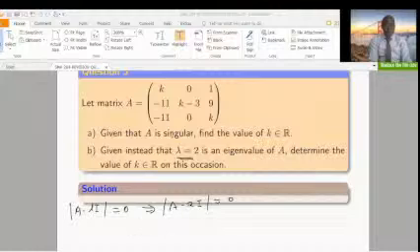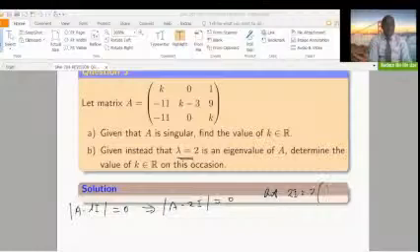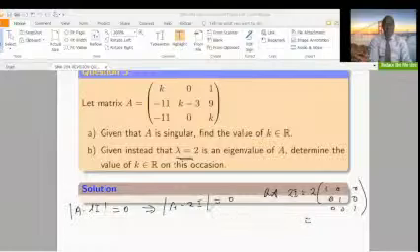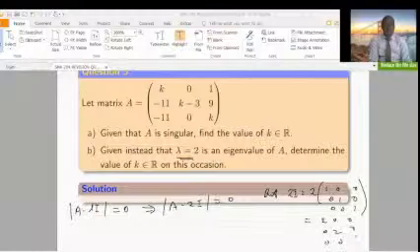So let me see, what is 2I? 2I is 2 times 1, 0, 0, 0, 1, 0, 0, 0, 1. These are 3 by 3 matrices, where I is the 3 by 3 identity matrix. So 2 times I would then be 2, 0, 0, 0, 2, 0, 0, 0, 2.